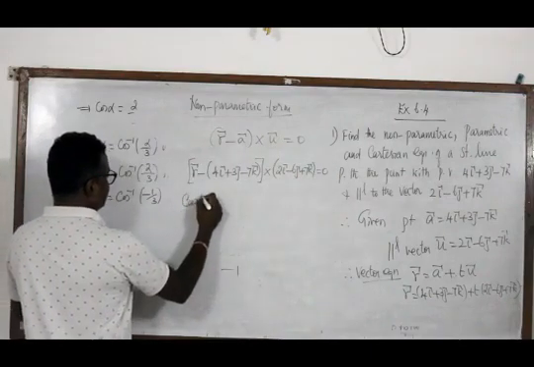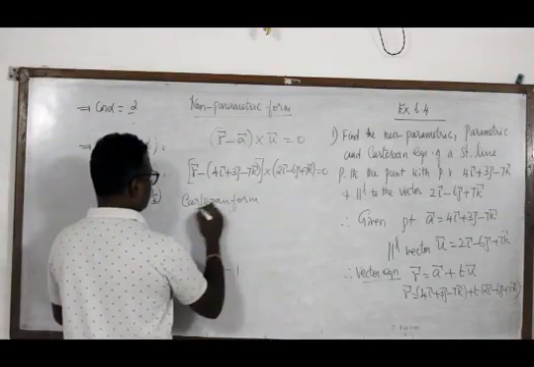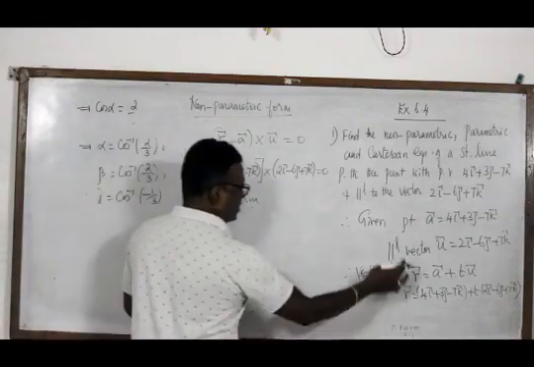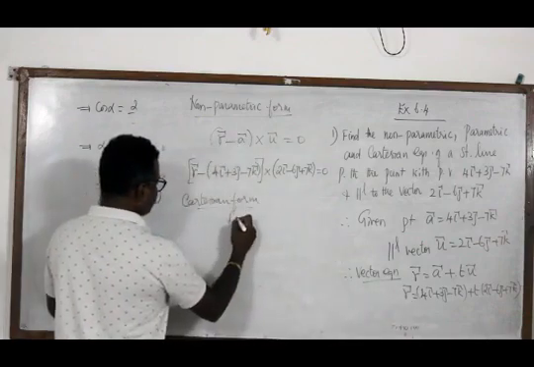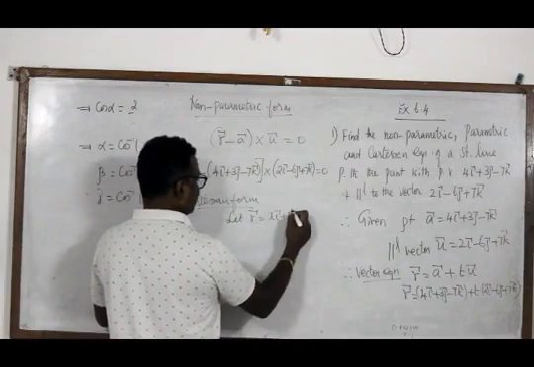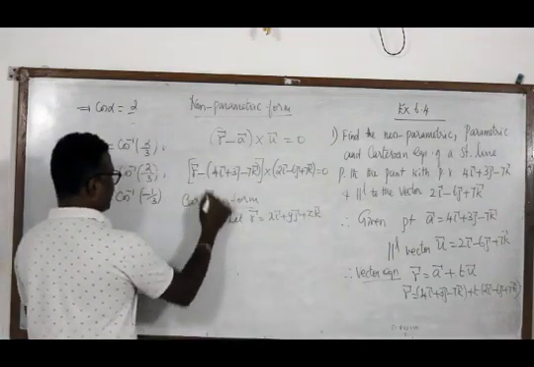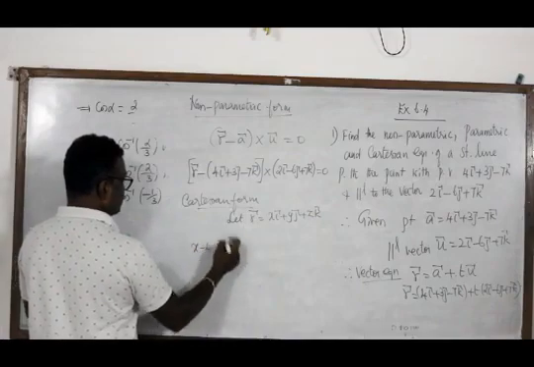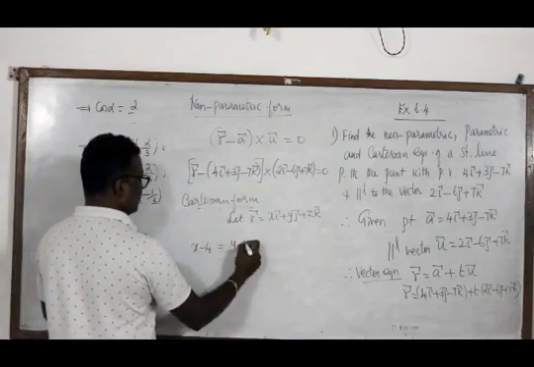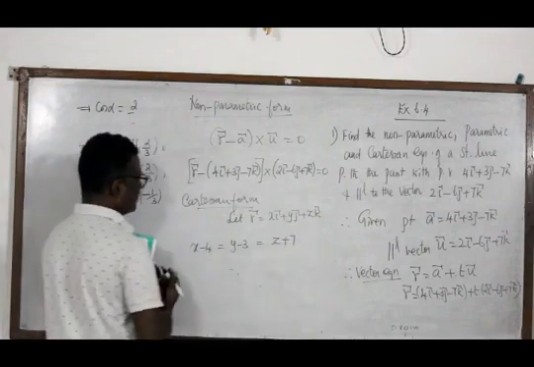Now the Cartesian form. Here we write R straightaway. Let R equal to xi plus yj plus zk. Then here itself we can write x minus 4 equal to y minus 3 equal to z plus 7, corresponding to x, y, z.